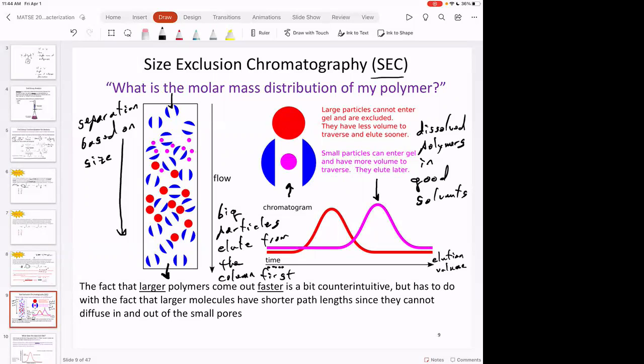So time and elution volume, if you know what your flow rate is, you know how much volume you put through the column as a function of time. And so if you have a detector right here, you can measure a signal from the big particles and a signal from the small particles. You'll get a big particle signal at short time.